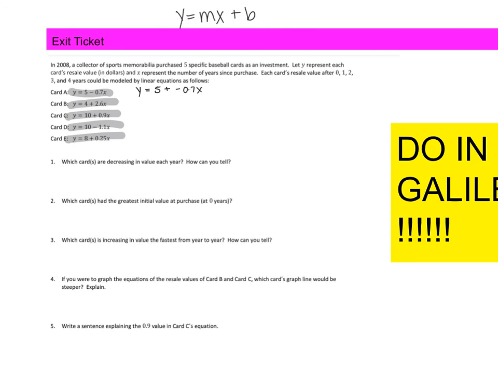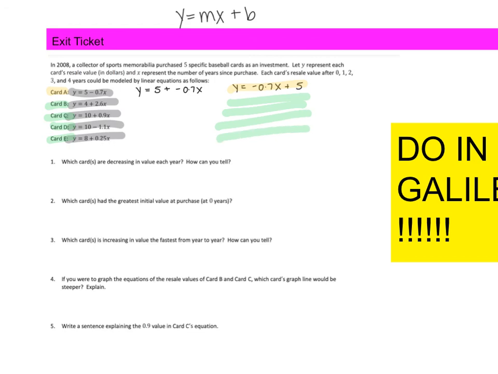I'm going to put that mx first before my b. Okay, so this is my correct equation for card A. Okay, I want you to do the same for card B, card C, D, and E. Then you can compare them more accurately.